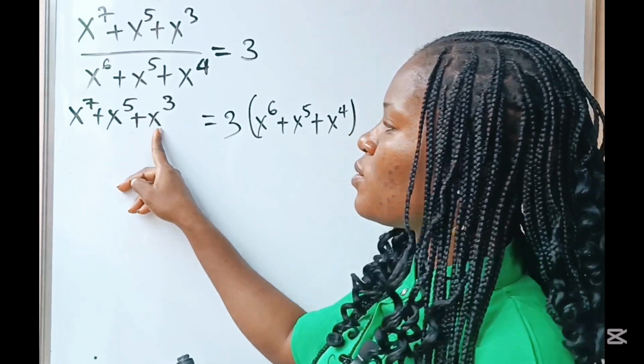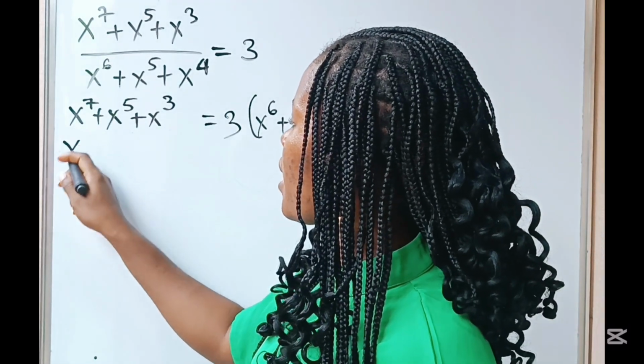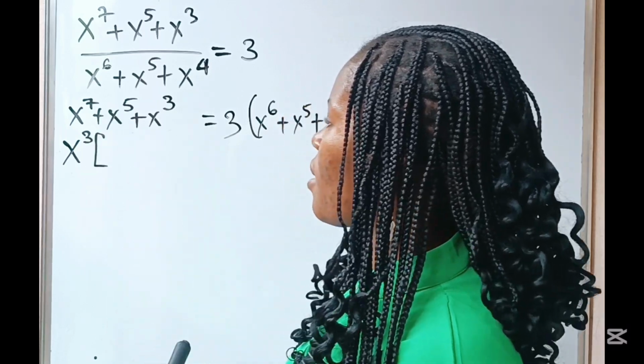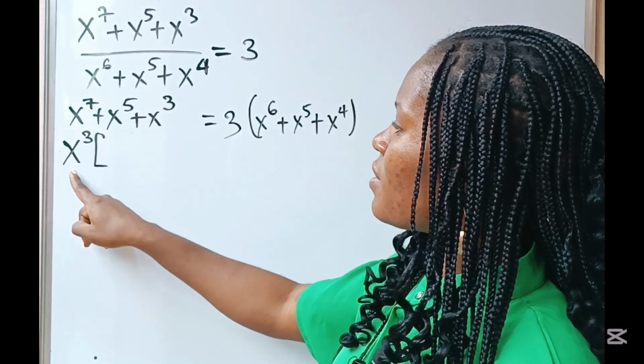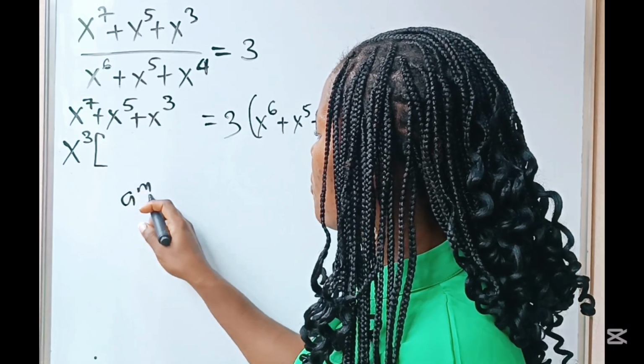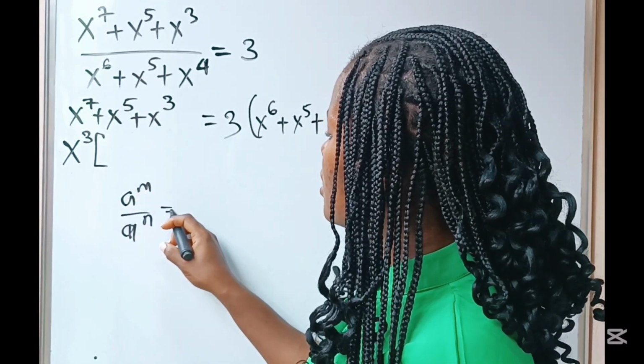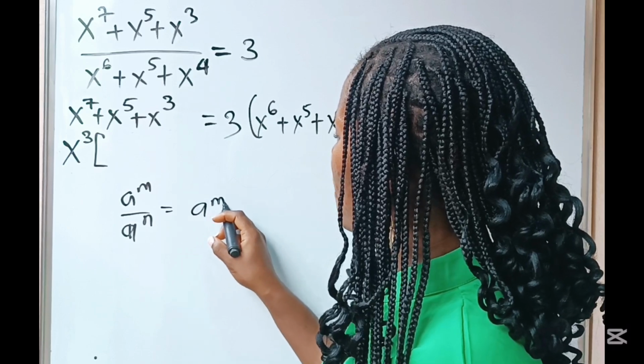To factorize, let's use the one with the smallest power. So if we bring out x to the power of 3 and open our brackets, x to the power of 7 divided by x to the power of 3. When you have a to the power of m divided by a to the power of n, this is equal to a to the power of m minus n.